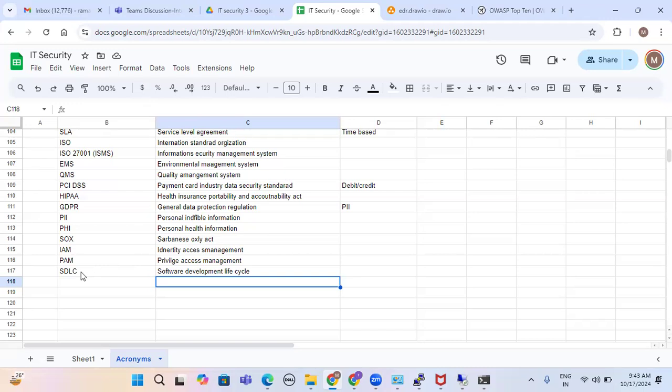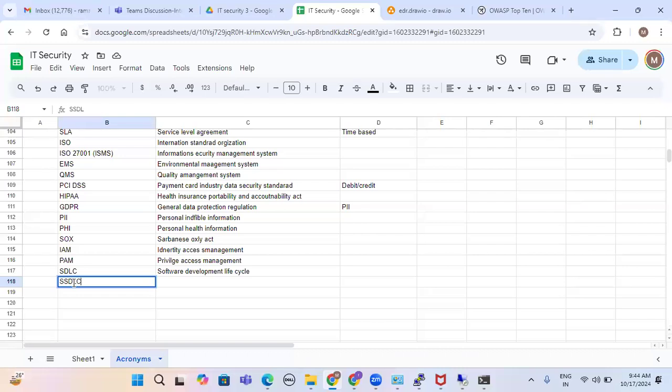Under this, we have different phases like requirement, design, development, testing. Once everything is completed successfully, then they release it to the public. That is called SDLC, and that is the normal process.